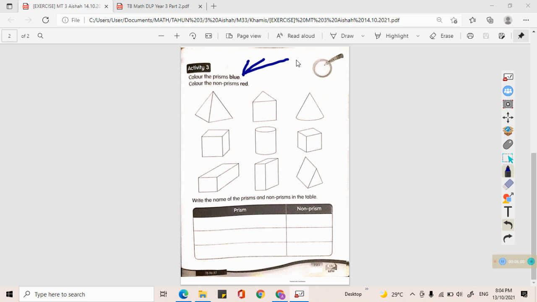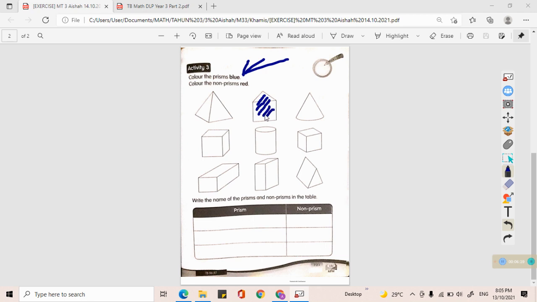So you must find which one is a prism. Alright, is it this one? No, this one is a pyramid, so it's not a prism. Is it this one? It has a triangle. Yes, correct. This one is a triangular prism. So you have to color this one.